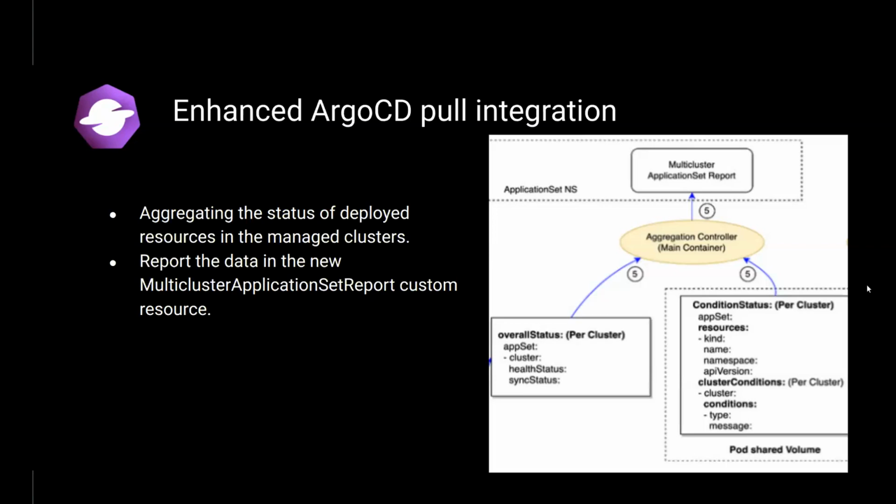But in this new release, we added an aggregation controller and the multi-cluster application set report. It aggregates the application resources deployed on the managed clusters, gathers their statuses, and brings them all back into the hub cluster, so that you have a unified view of all the resources deployed through the Argo CD pull model on the hub clusters.